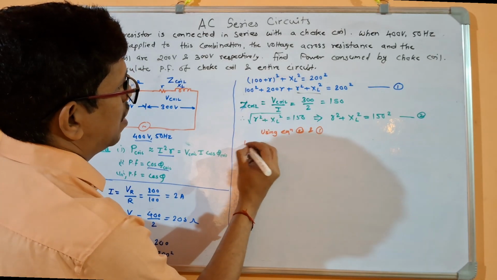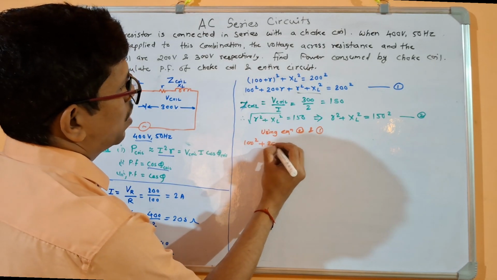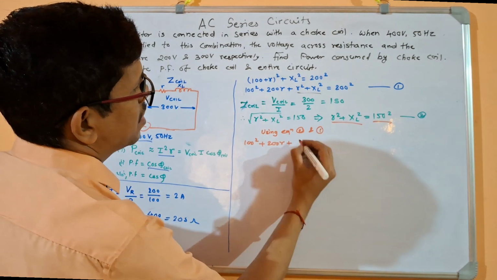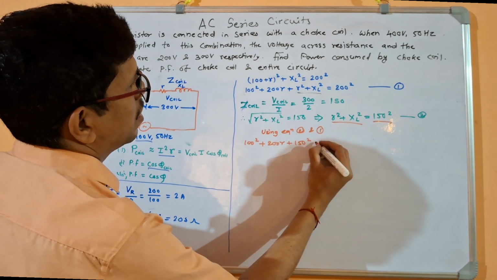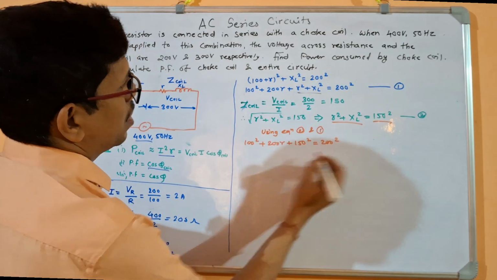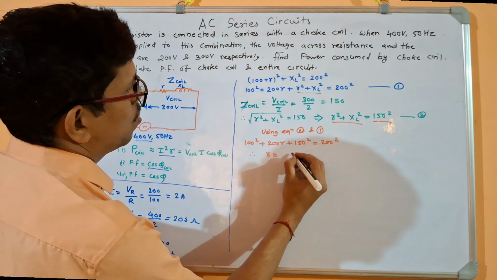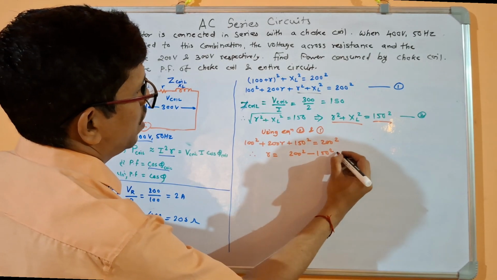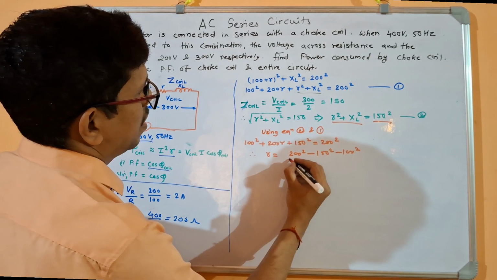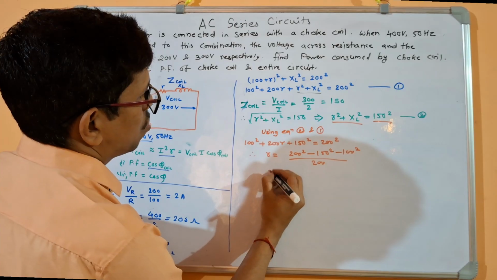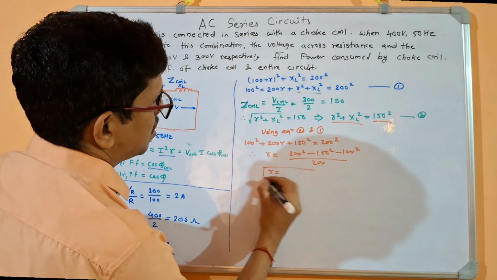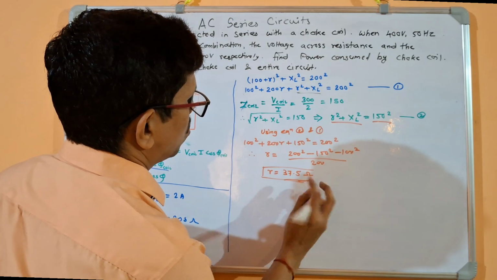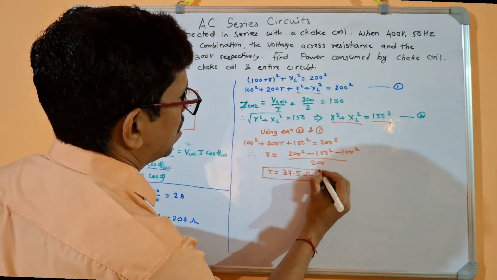What I will get? 100 squared plus 200 r plus, instead of r squared plus XL squared, I will write 150 squared, is equal to 200 squared, and therefore r is equal to 200 squared minus 150 squared minus 100 squared divided by 200. Solving further I will get r is equal to 37.5 ohm. So this I have got.